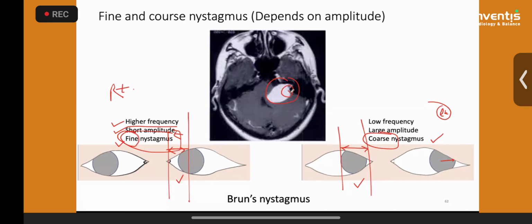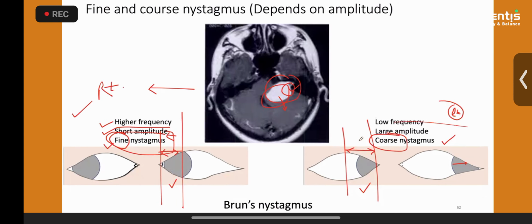It leads to left unilateral vestibulopathy. So the left unilateral vestibulopathy will cause right beating nystagmus, a fine nystagmus, seen on the right beating. And because of the compression of this tumor over the cerebellum, it leads to gaze evoked nystagmus, which is a coarse nystagmus, beating towards the left side. So this coarse nystagmus is due to the neural integrator issue.